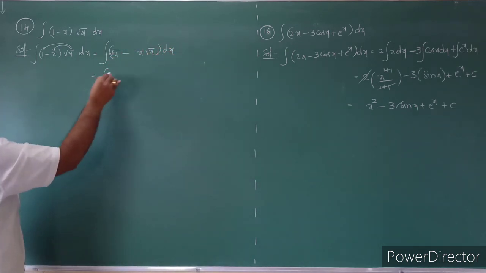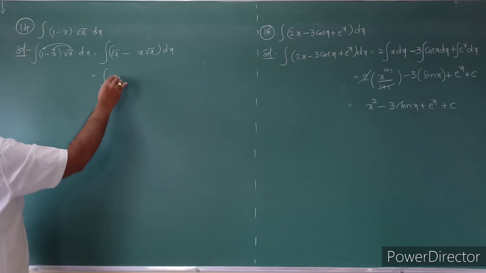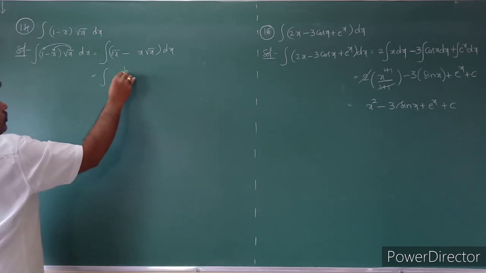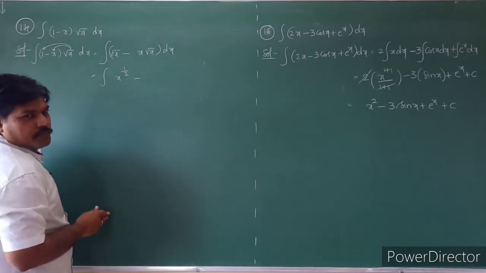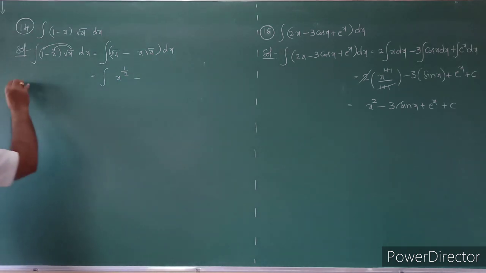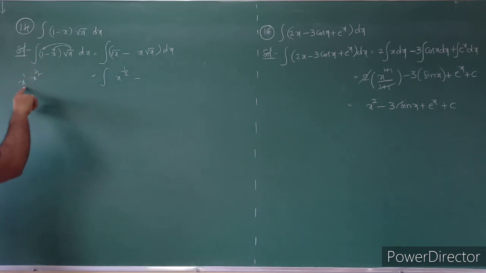So the integral of root x is x power 1 by 2, minus, what is the meaning of x root x? See that, x power 1, x power 1 by 2. Yes or no? x root x is nothing but x power 1 into x power 1 by 2. That is x power 1 plus 1 by 2.